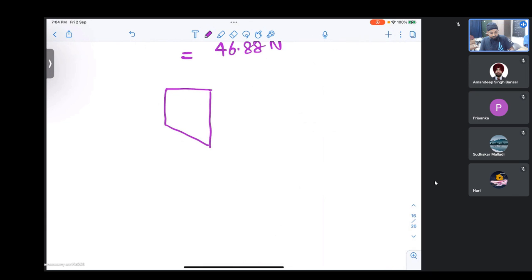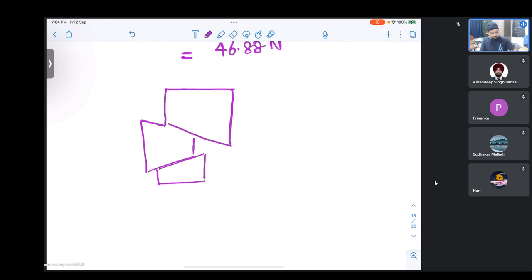So we know that our forces only come into the picture when we separate them out. I'll make this longer so that it becomes clear that there is no contact between these two.